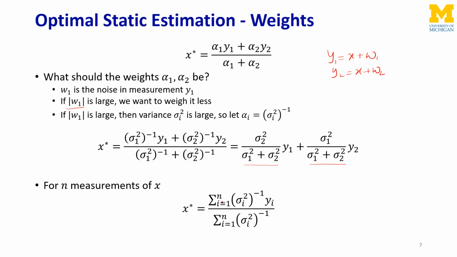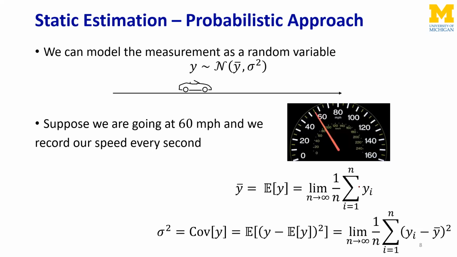This is a weighted sum of all the measurements, it's the weighted mean, where all the weights are the inverses of the variances of each of those sensors. Okay, so that's one of the ways you can produce an optimal static estimation.